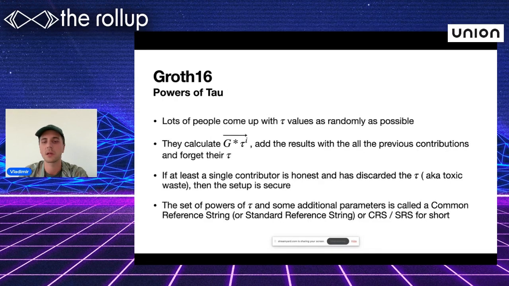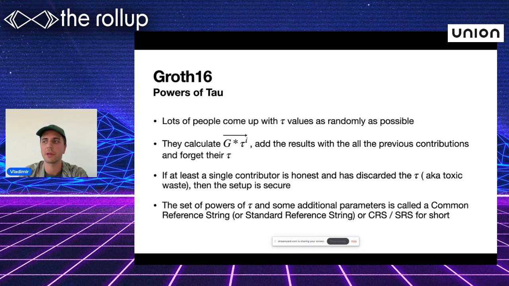This thing is sometimes called the trusted setup ceremony. In Zcash, that was even called the powers of tau. There is a project called perpetual powers of tau. So it boils down to lots of people coming up with random values, as random as they can be.